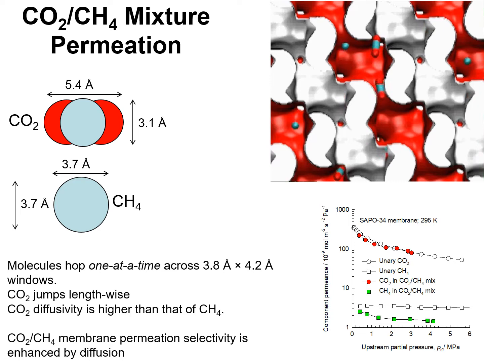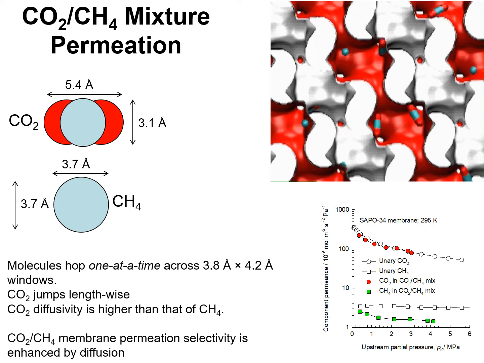Methane, on the other hand, is more severely limited in its intercage hopping because of its larger cross-sectional dimension.